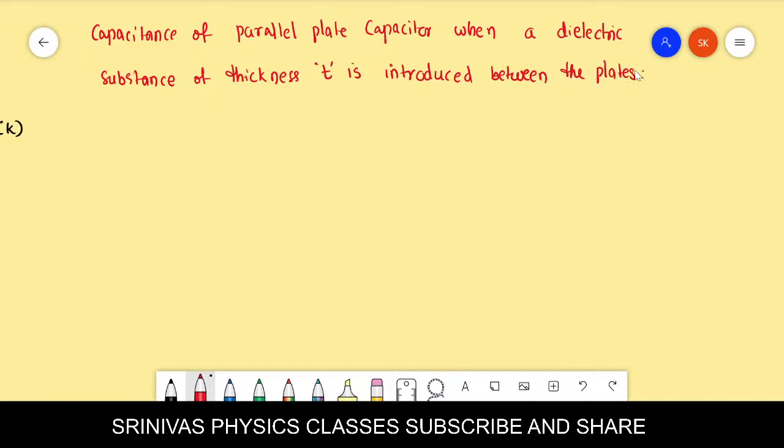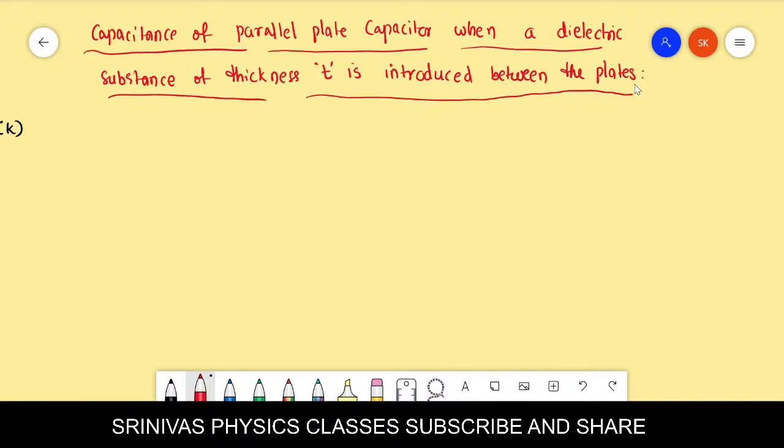Here we are introducing a dielectric slab whose thickness is T. How will it be? Let us see the diagram, right?